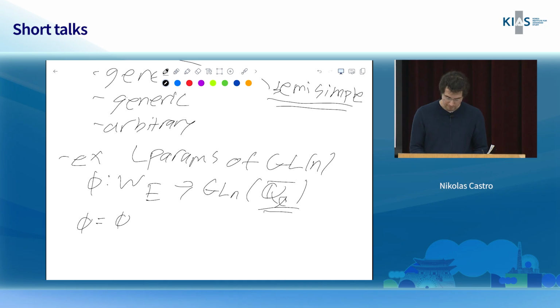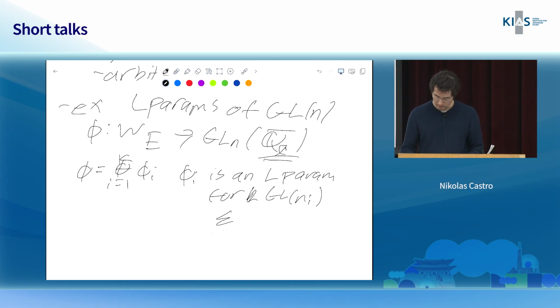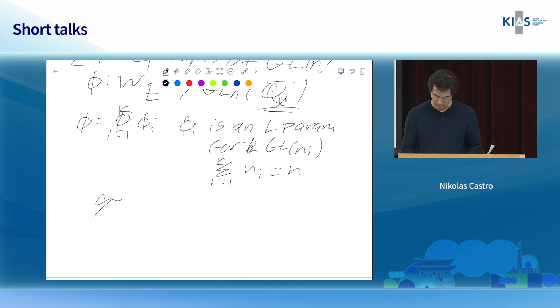Then we can write phi as a direct sum of phi I, where phi I is an L parameter for GL Ni, where the sum of Ni equals N. So then generous.